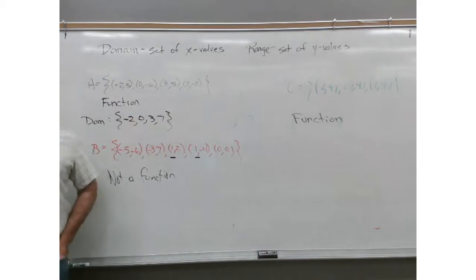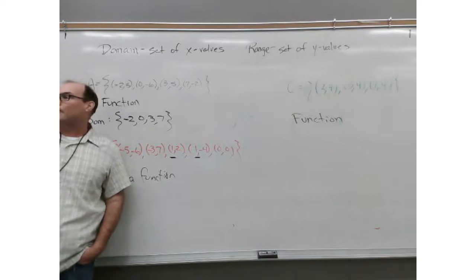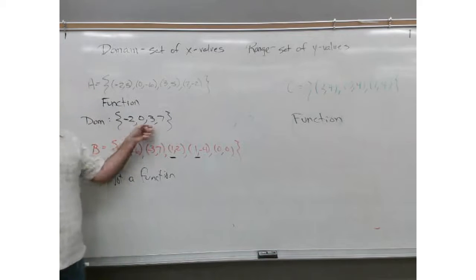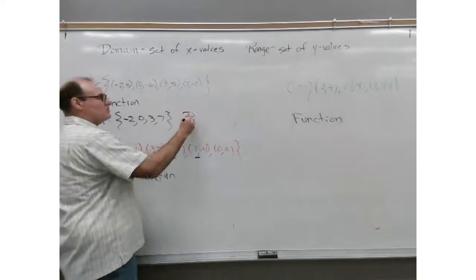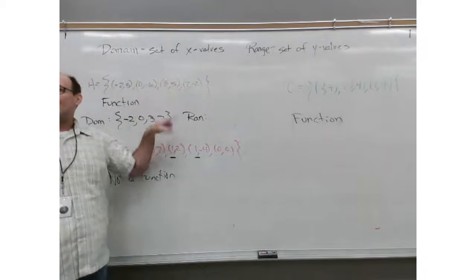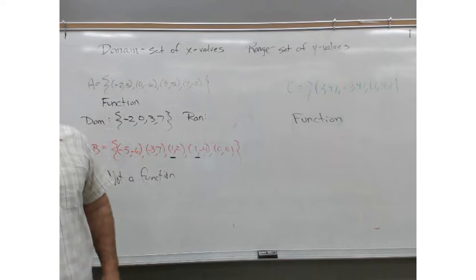It's not technically necessary to write your x values or y values in number order, but it is very helpful. It's usually done, so I'm going to write them in number order. So here's what I'd like you to do: I want you to do the range for this, and then the domain and the range for the other two relations.